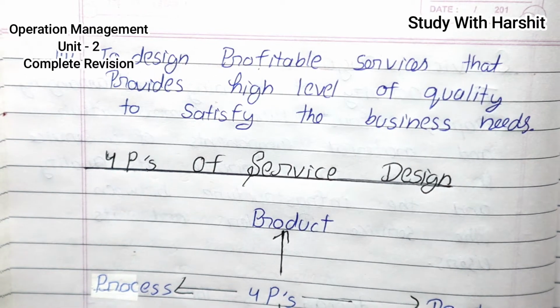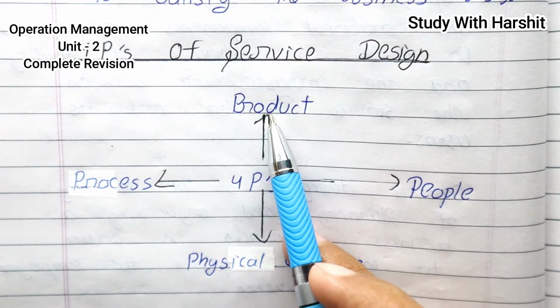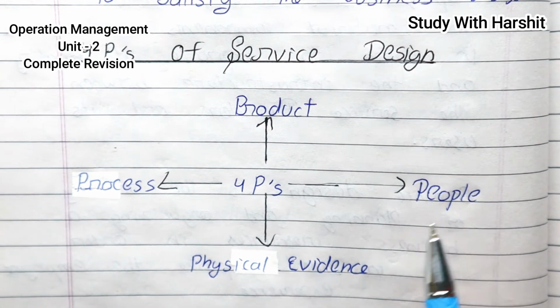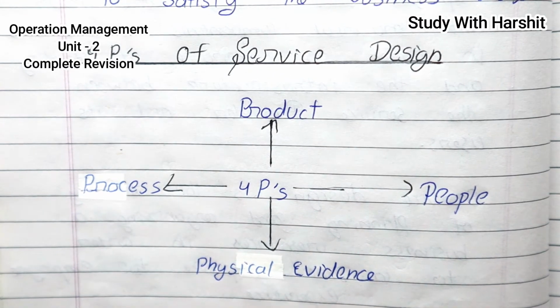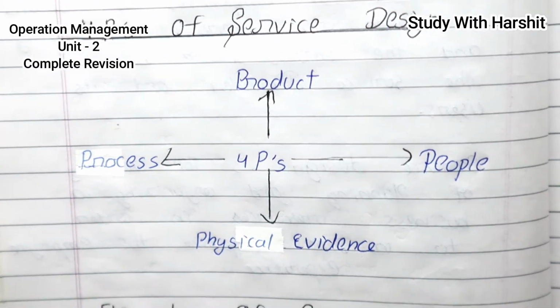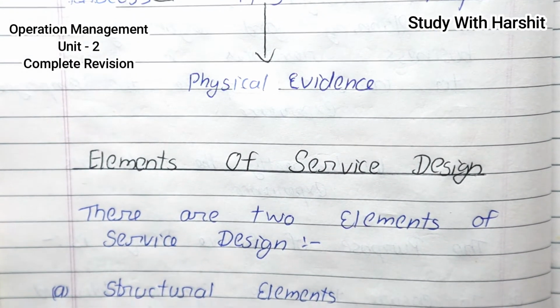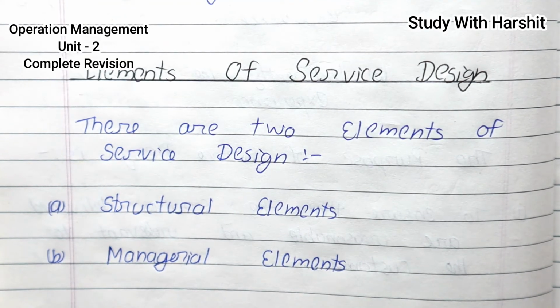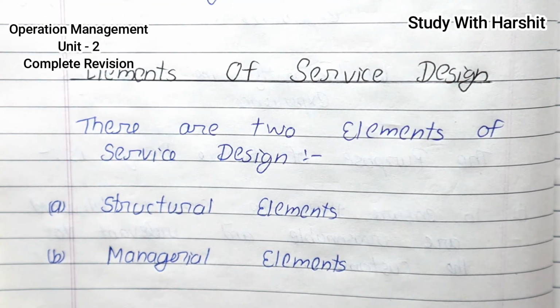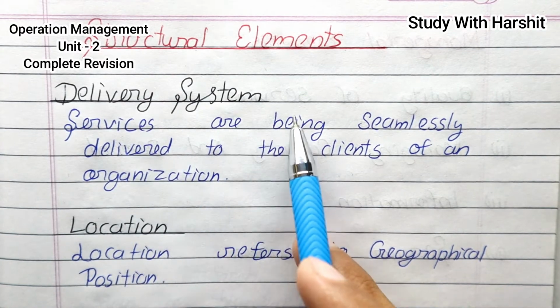4 P's of service design. Here, product, people, physical evidence, process. Elements of service design. There are two elements of service design. First one, structural elements. Second, managerial elements. Now discuss in detail. Structural elements. Delivery system.